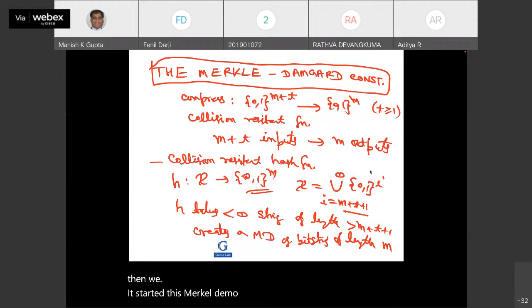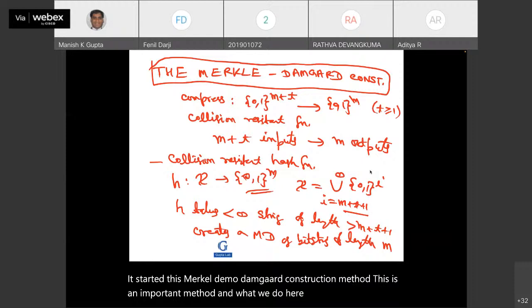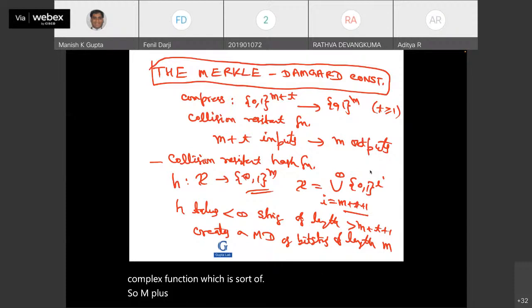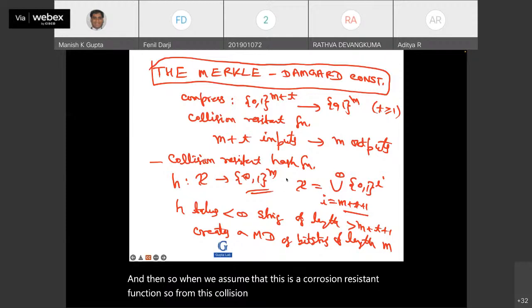Then we started this Merkle-Damgård construction method. This is an important method. Here we look at a compress function where m plus t input bits are converted into m output bits. This is something very important. We assume that this is a collision resistant function, and from it we construct a collision resistant hash function.